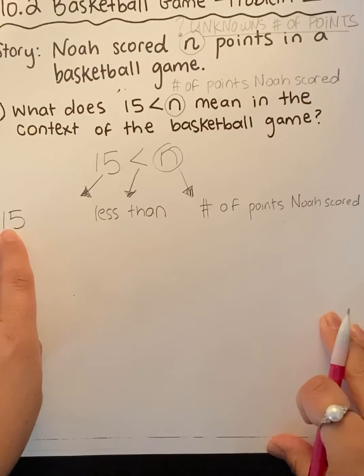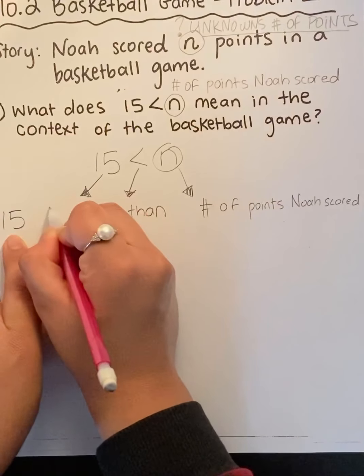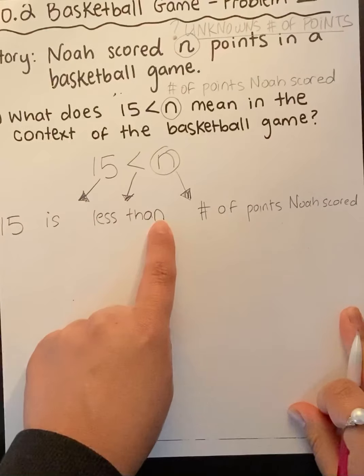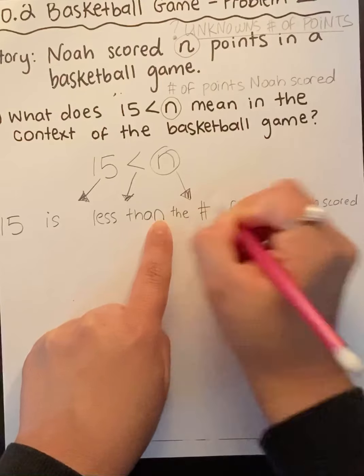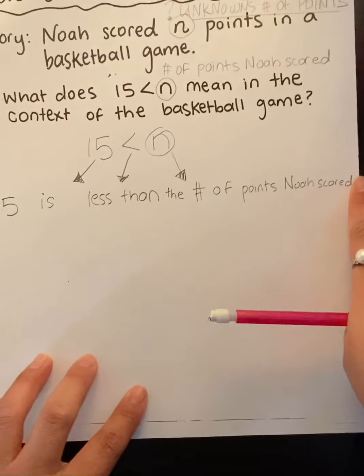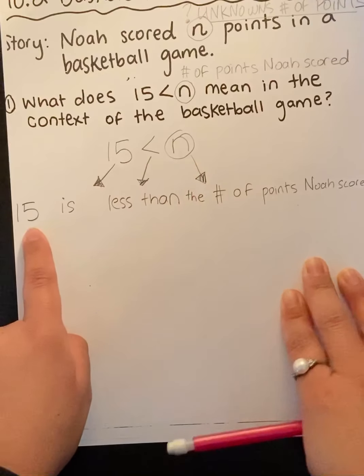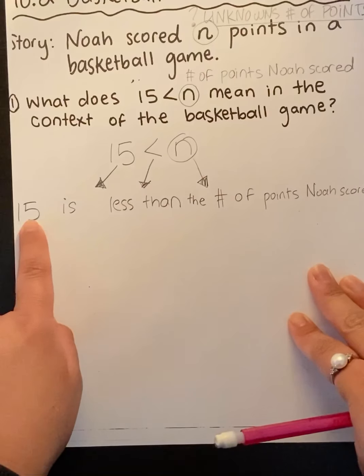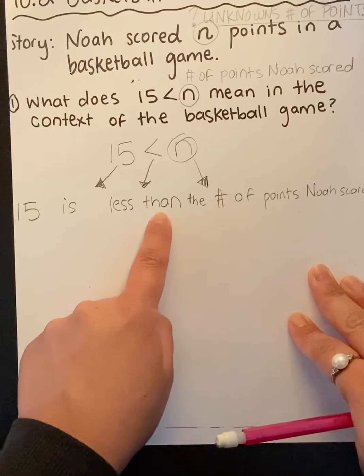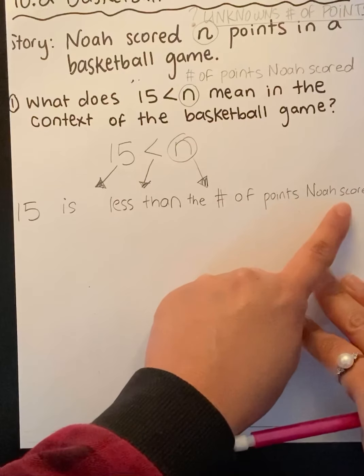So right here I have 15 is less than the number of points Noah scored. So that's what this inequality means in everyday words. 15 is less than the number of points Noah scored.